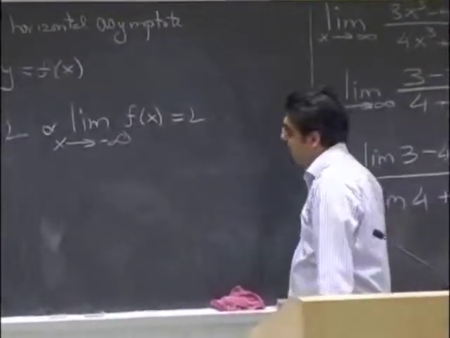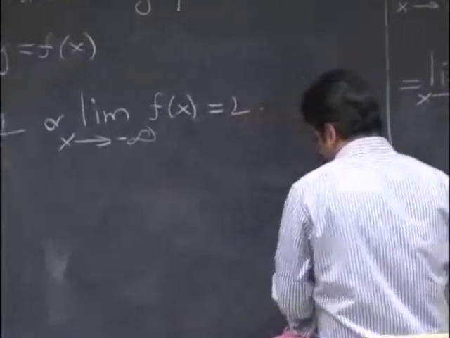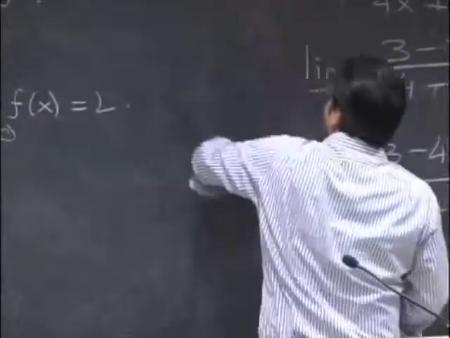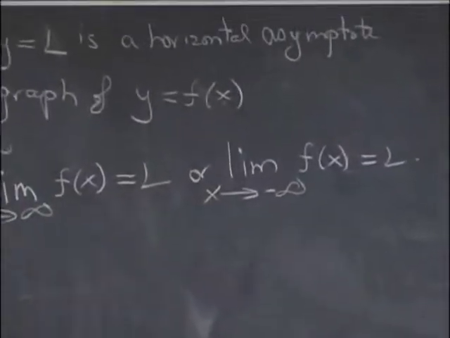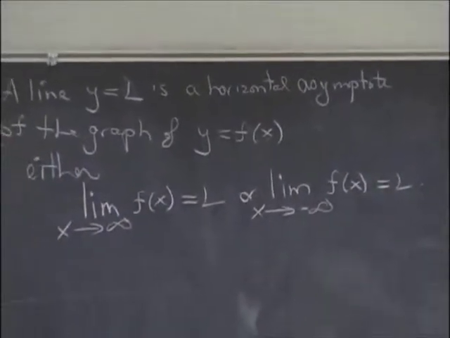A horizontal asymptote, what does it look like? Well, here's the picture. What does y equal L look like? That's a horizontal line, right?